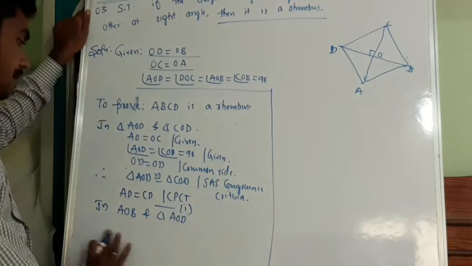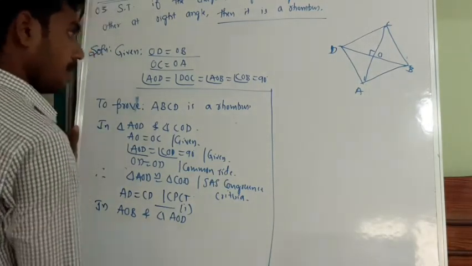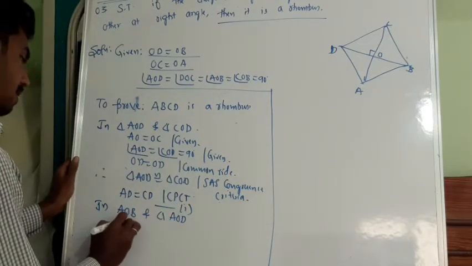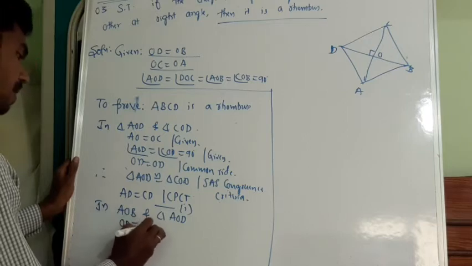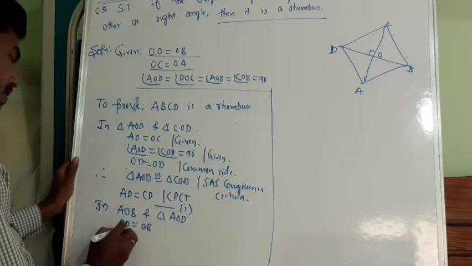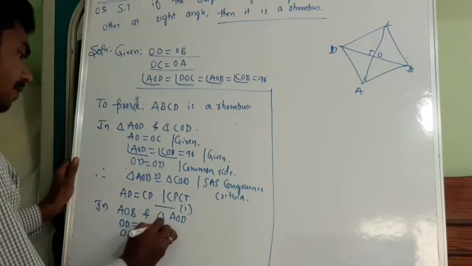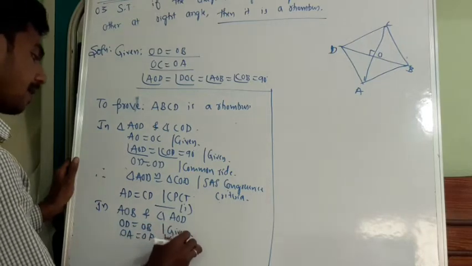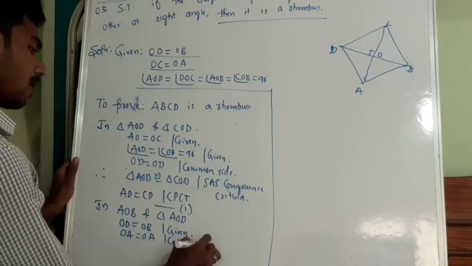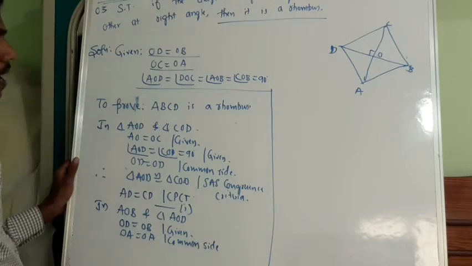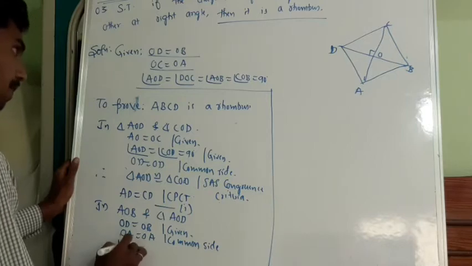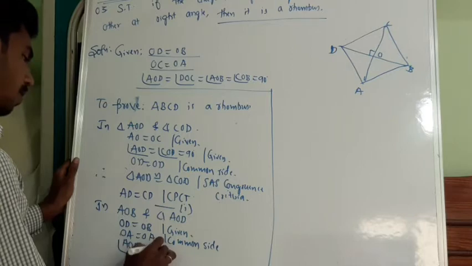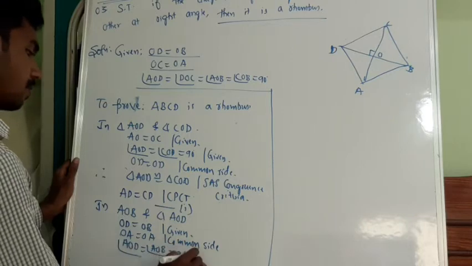So next, OD is equal to OB, this is given, and OA is a common side. Next, angle AOD is equal to angle AOB is equal to 90 degrees, this is also given.